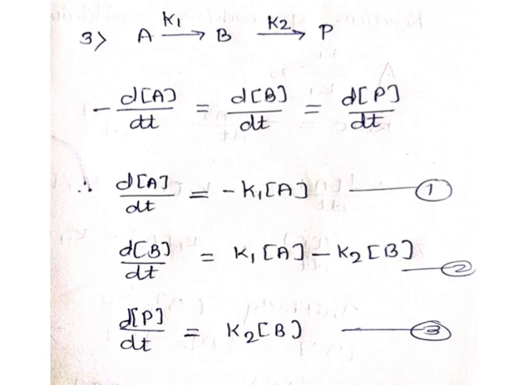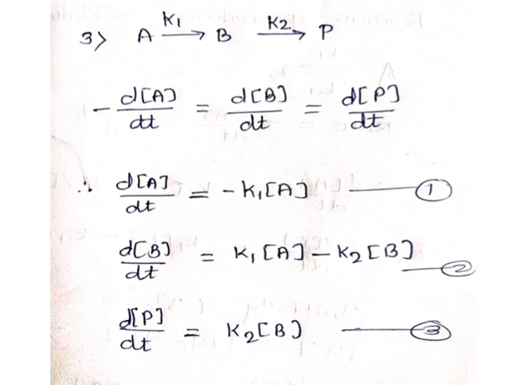Then the second rate is for B species. dB by dt is equal to, initially B is forming, formation rate is positive, by which rate is it going to form? By K1 rate, and by which species is it formed? From A. So written K1 into concentration of A. Next step is here. In the second step, B is going to decrease to form a product.